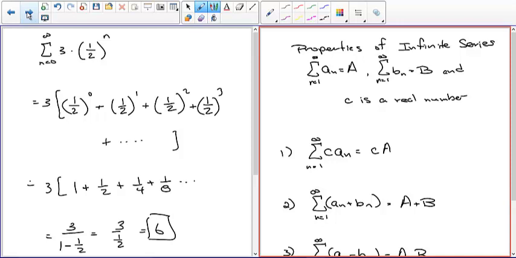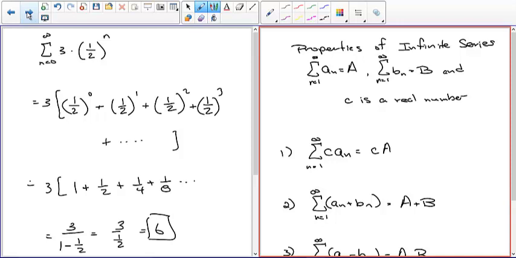That's really the only difference between integrating and series: in a series we add stuff together. In integration, we added an infinite number of little rectangles together to get the exact answer. In a series, we add an infinite number of terms together to get an answer.